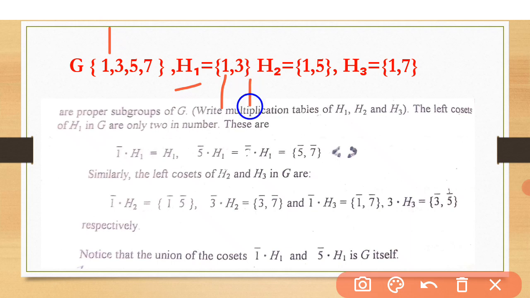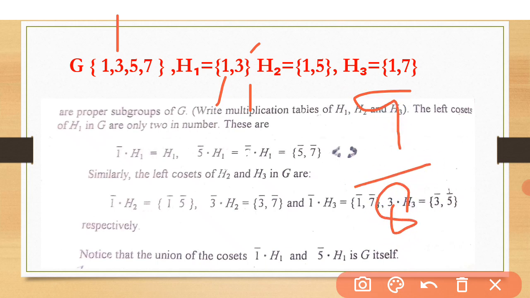When we multiply 1 by 3, it gives us 3. It means when we multiply 1 by H1, it gives us H1 itself. So when we multiply 3 by 1, it gives us 3. When we multiply 3 by 3, 3 threes are 9. When 9 is divided by 8, which is modulo, it gives us remainder 1, and 1 is here.